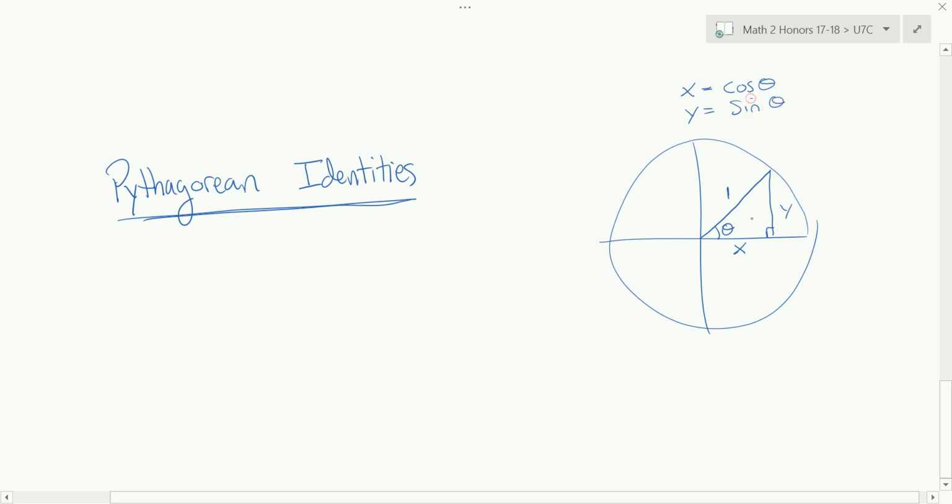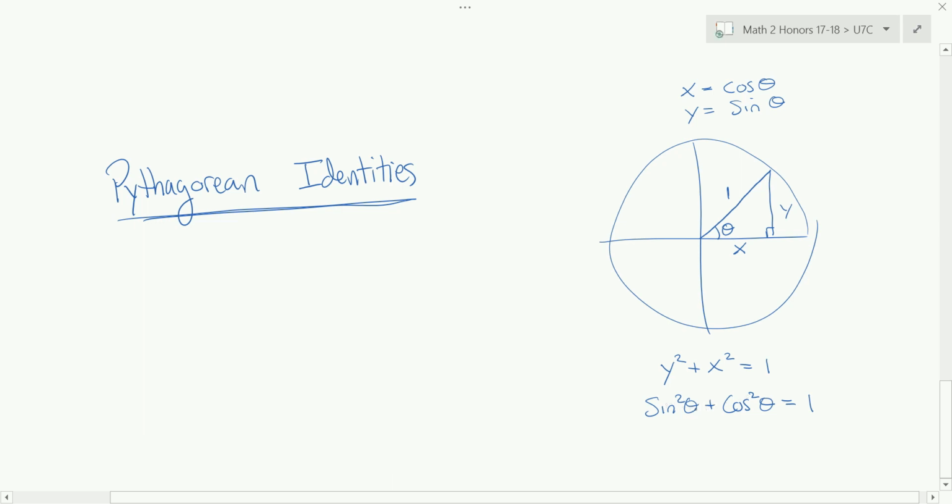Okay. So if I use the Pythagorean theorem on this right triangle, I get y squared plus x squared equals what? 1. 1 squared, which is 1. And y squared, well, if y is sine, we could change this to sine squared theta plus cosine squared theta, and that will always add up to 1. It's true. So you try it with 30 degrees.